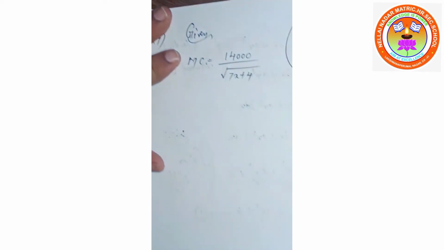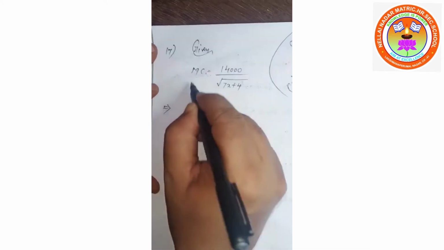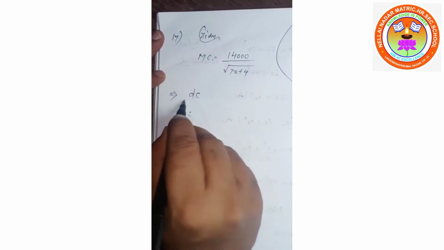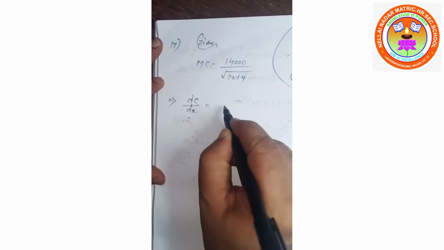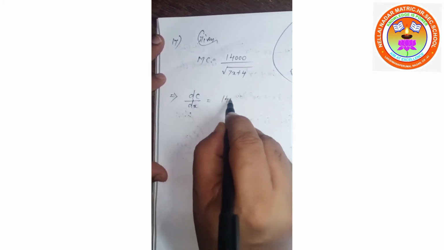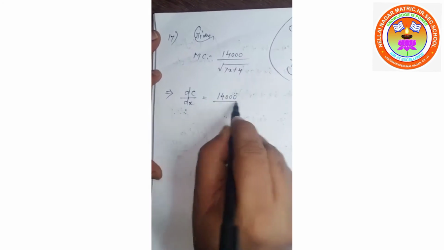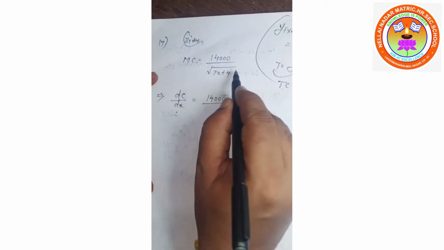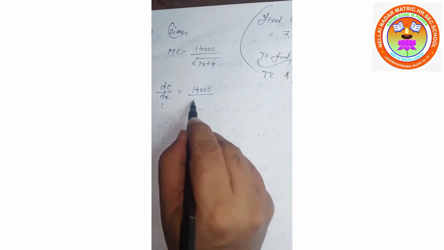MC can be replaced by dC by dx, which is 14,000 divided by root of 7x plus 4.